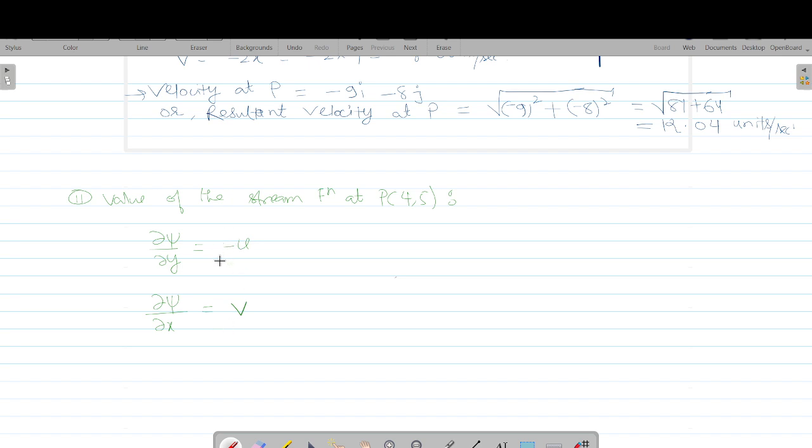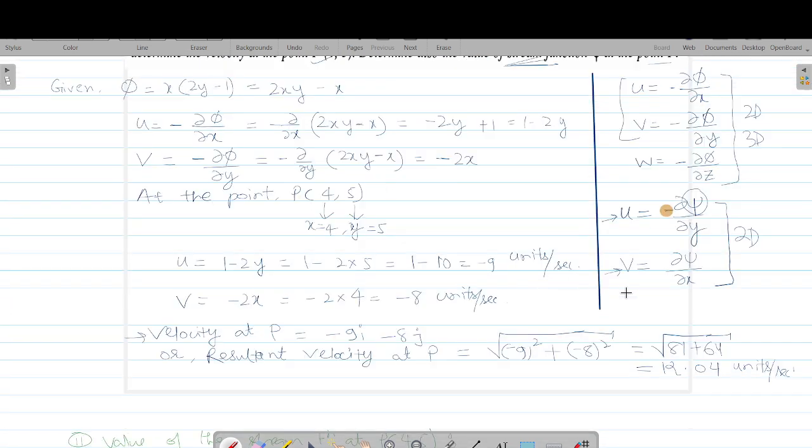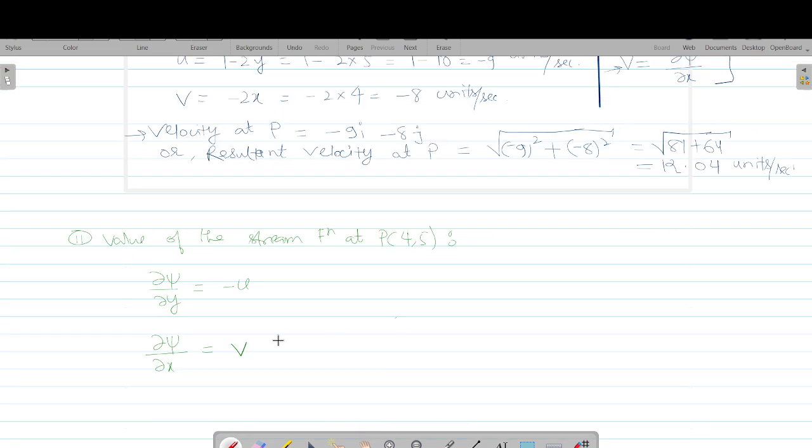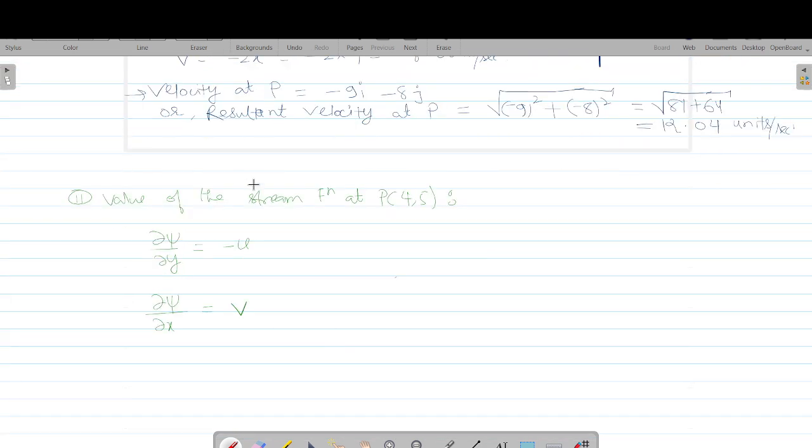If you have put the negative sign here, you don't need to put it there; only in one place you will get this. But in the case of the potential function, you can notice that the negative sign is in front of every function. So now we are going to put the value of u here.